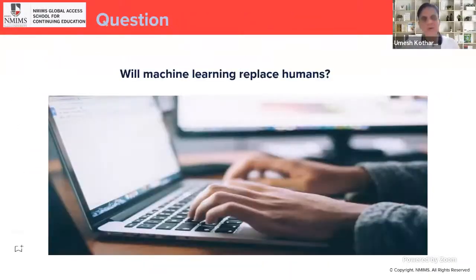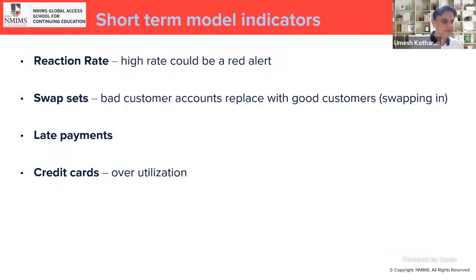So we basically looked at the model indicators to decide and determine if we need to do anything about the model, the variables to improve the accuracy of the model, or whether we need to change anything. With that, you also know whether the model is stable and has discriminatory power or not. There are some short-term model indicators as well, and that is the reaction rate in terms of picking up the red alerts or any anomalies.